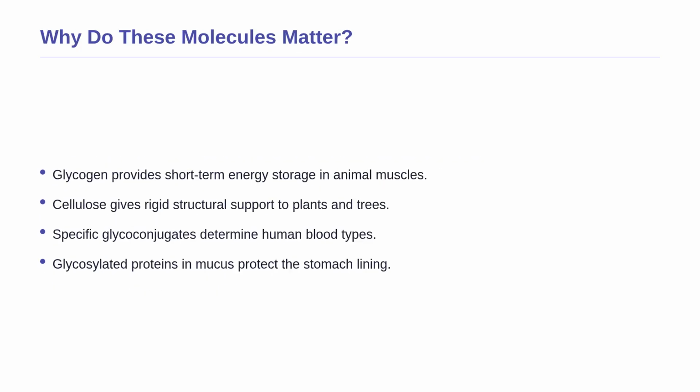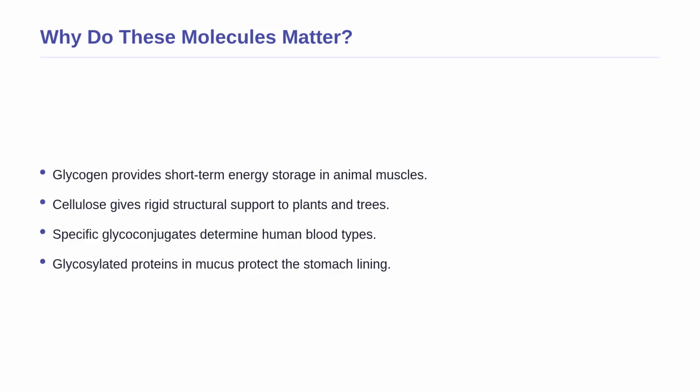You might be wondering why these molecules matter so much in our daily lives. The answer lies in their incredible biological functions. Without polysaccharides like glycogen, your muscles and brain would run out of energy within minutes during a workout. Glycogen acts as your primary short-term energy storage.